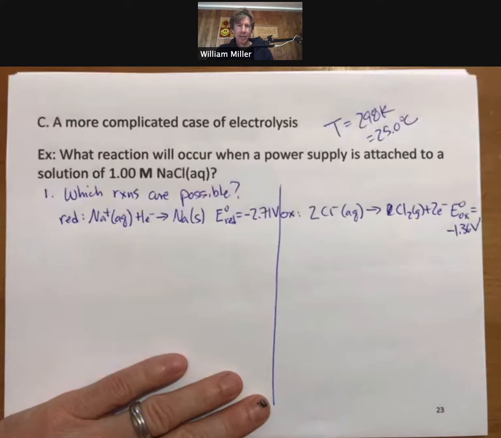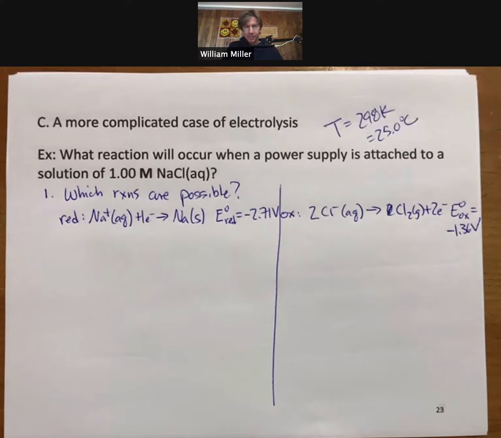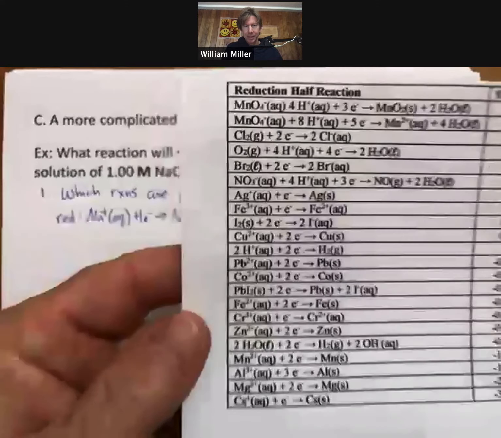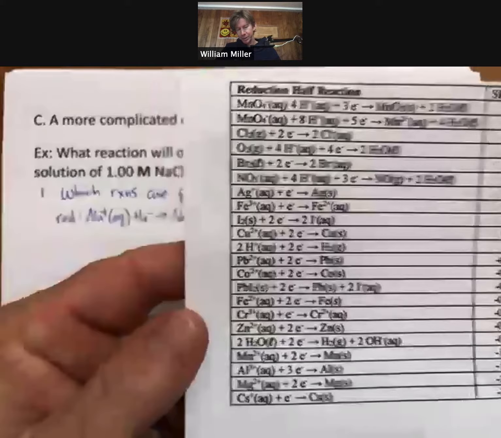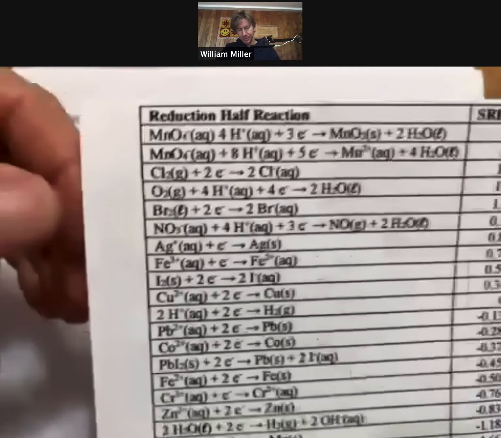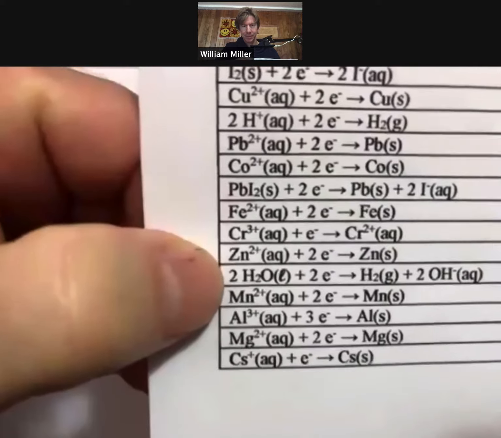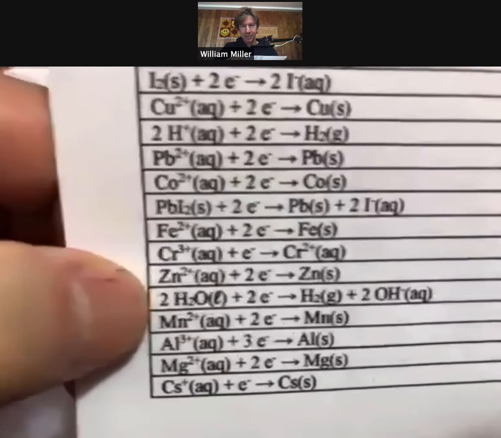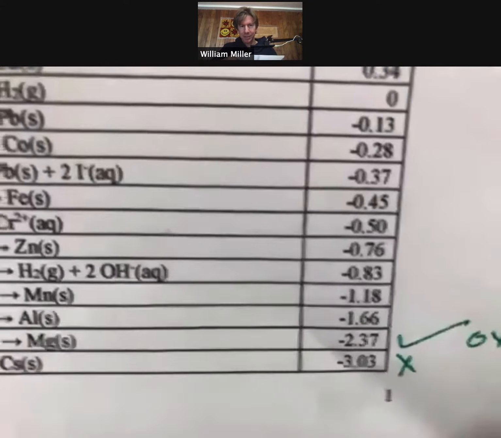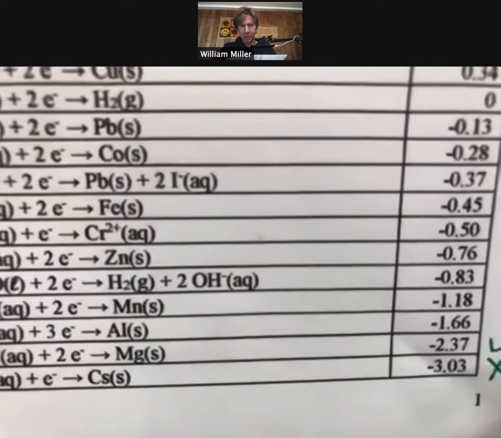The water reactions are going to be reduction of water, and I know those are on our page. This is going to be reduction of water, and that's going to be minus 0.83 volts.